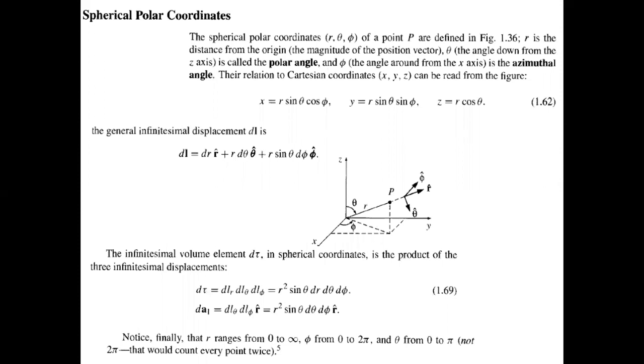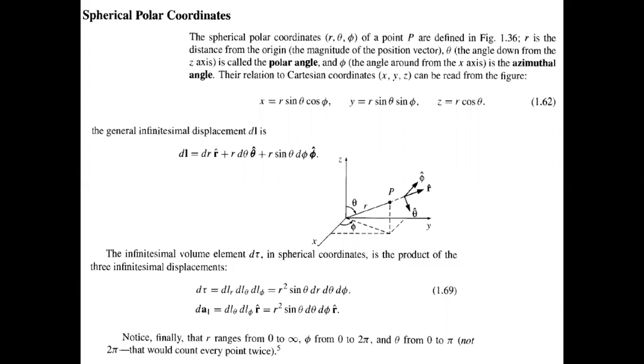Now, we also need to understand that we'll be dealing with some complex surfaces, and one complex system is the spherical polar coordinates. It will sometimes be easier to use spherical polar coordinates instead of the Cartesian coordinates XYZ.